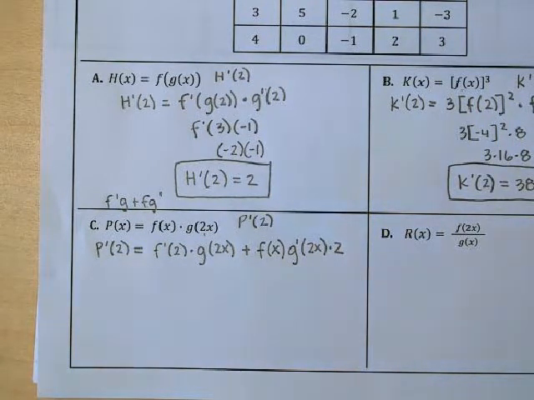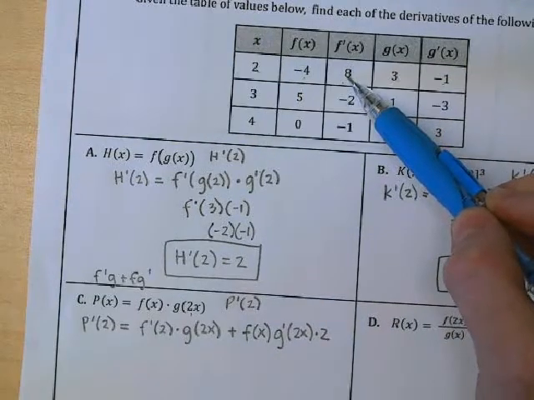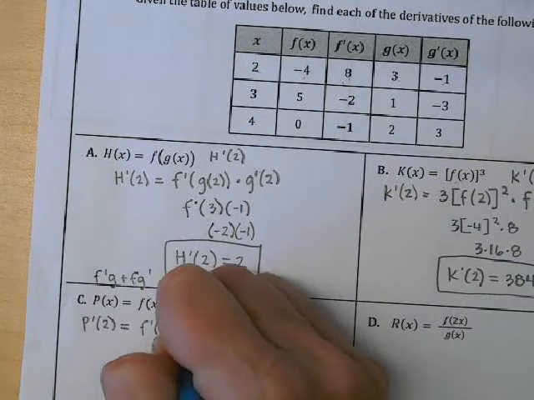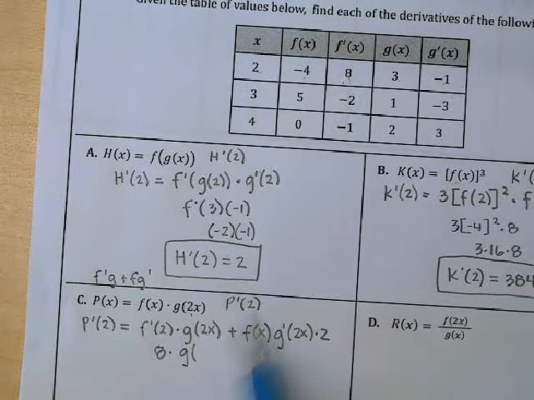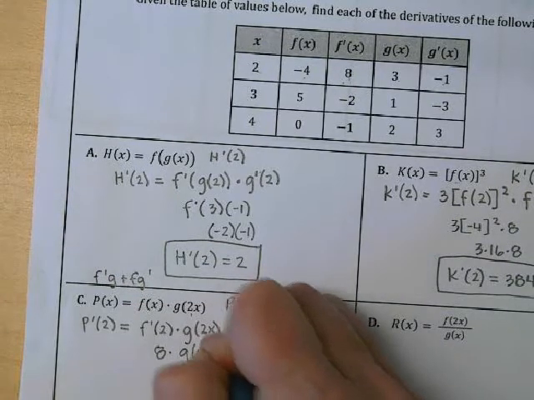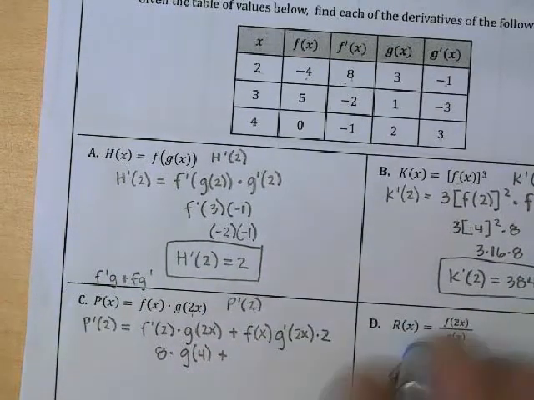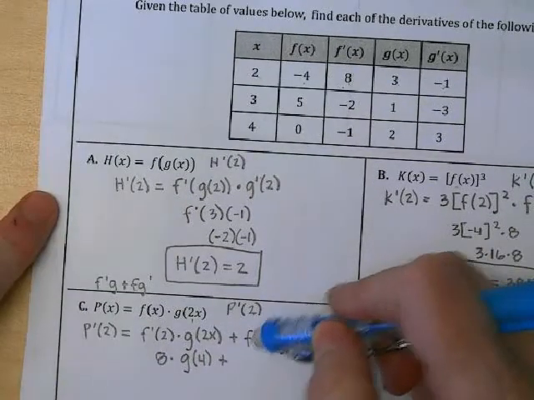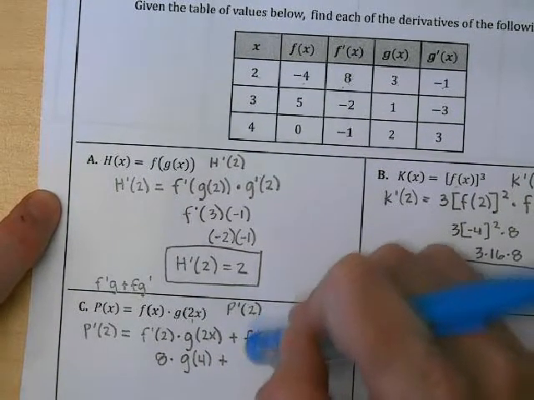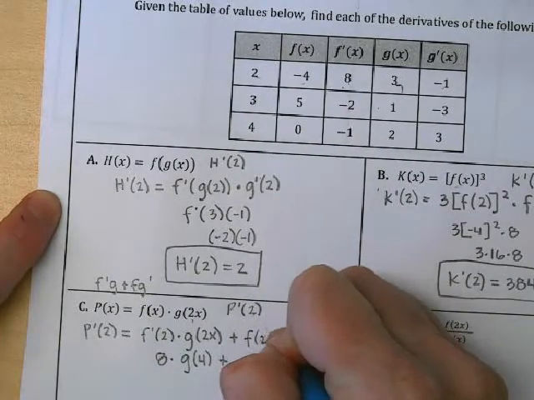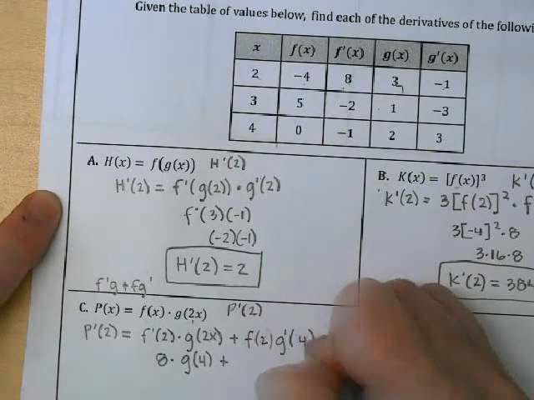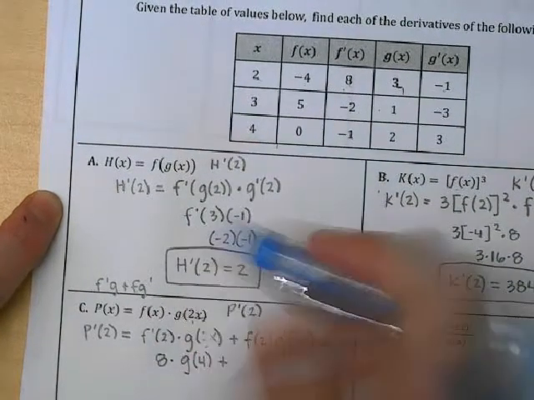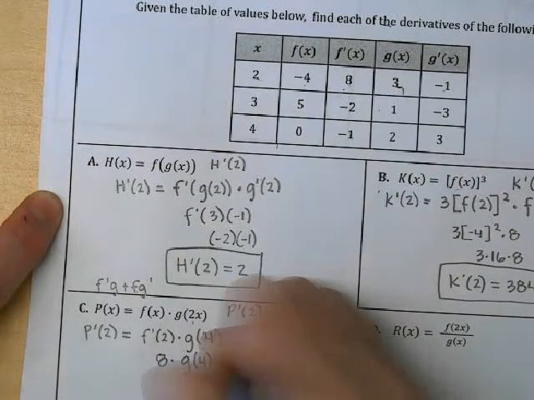Okay, let's see where we're at. f prime of 2 is 8. g of 2x, well, g of x is 2, 4. I could have just put a 2 right there, and I could have put just a 4 right here. I'm not sure which way is easier.